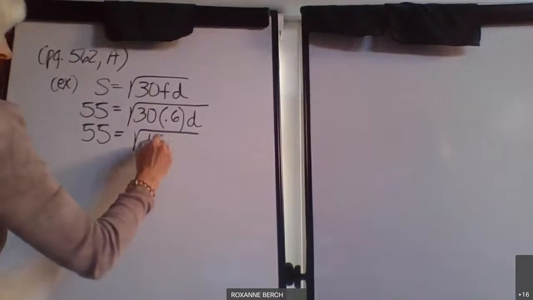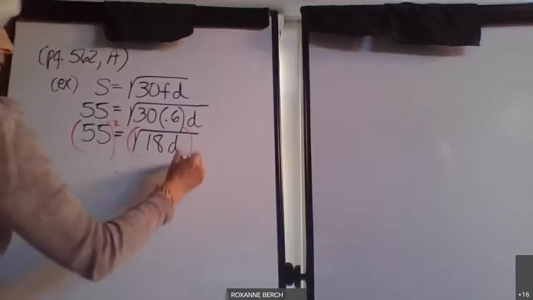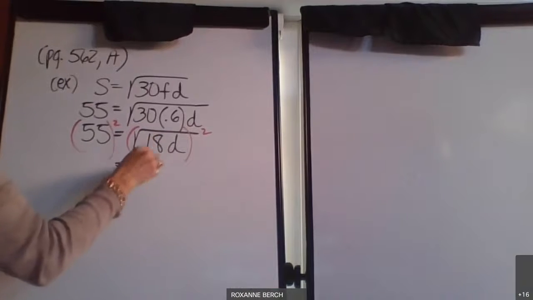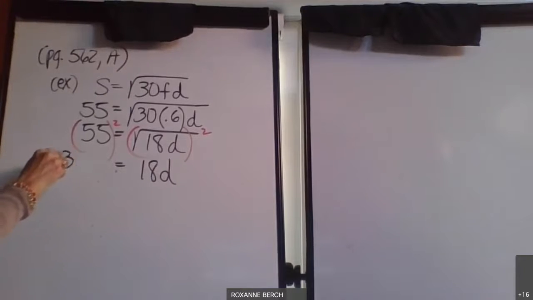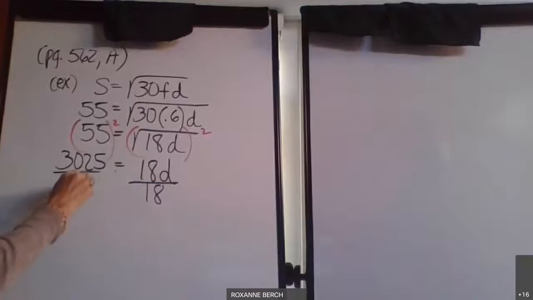And we actually have a radical equation, so we're going to have to square both sides. The square of a square root is 18d. And what's 55 squared? 3025. So now when we solve for d, we're going to use our calculator.